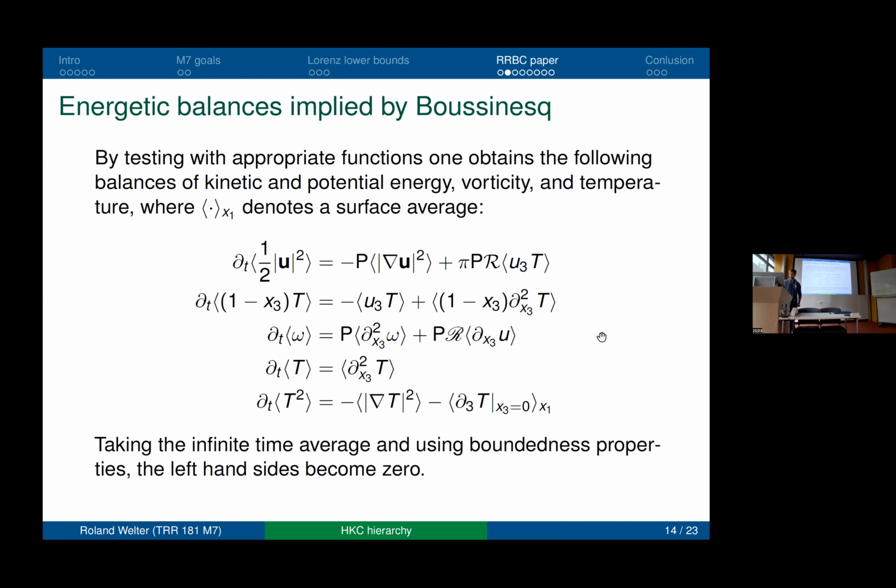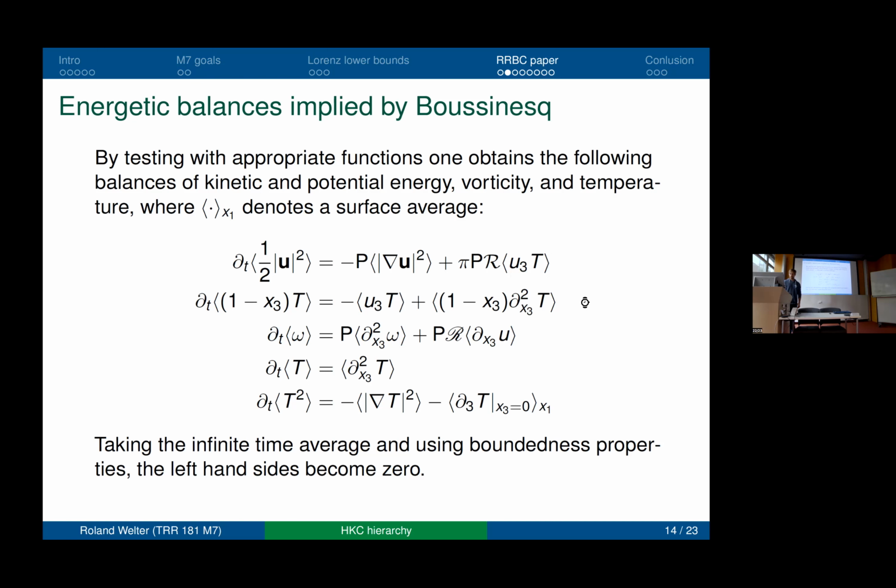Now the trick is that if we just include Fourier modes arbitrarily, then the ODE models don't solve these same balances.